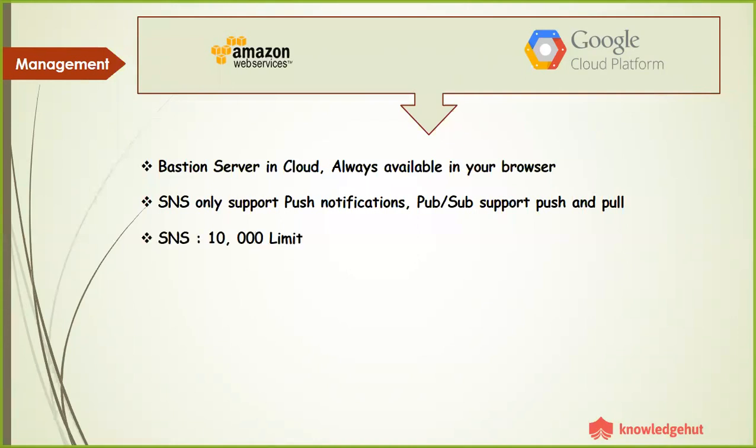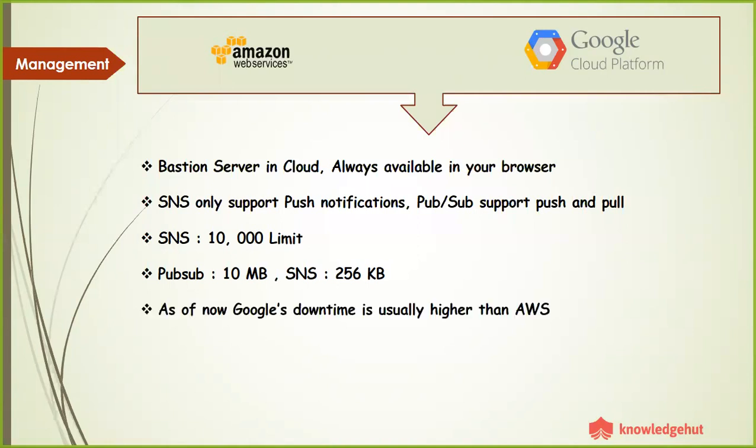SNS has a 10,000 limit, while PubSub doesn't have that kind of limit. With PubSub, you can send up to 10 MB of data or message. With SNS, you can only send 256 KB of data.